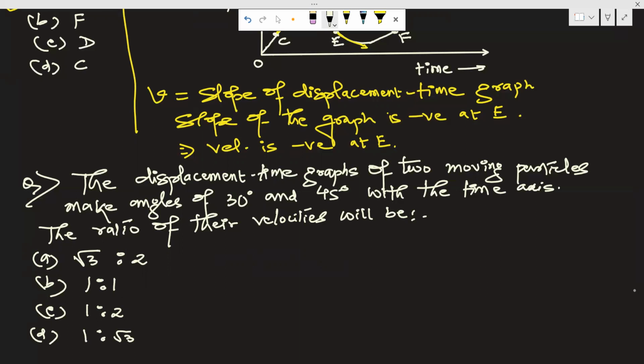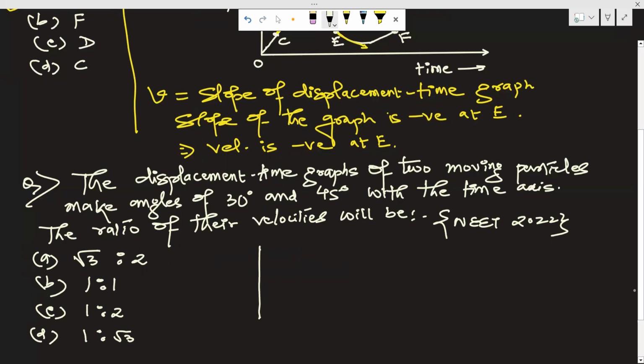So this is a question from NEET 2022, and graph is also given. So here we are plotting displacement, here we are plotting time, एंड दो ग्राफ यहाँ पे ड्रॉ किया हुआ है.